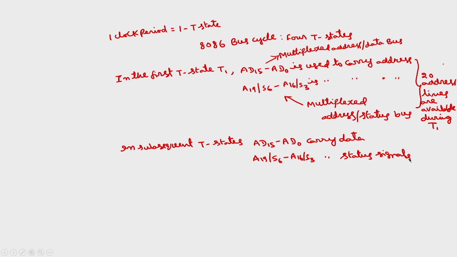Because here we require the status signals and data bus for transferring the data. Only in the first T state do we require the address bus.